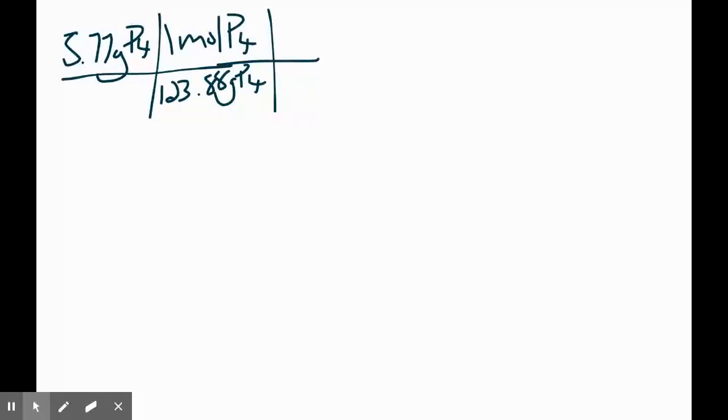And then we want to go from moles of P4, which in the equation there is 1 mole of P4, to moles of P4O6, and there is 1 mole of P4O6 in the equation.